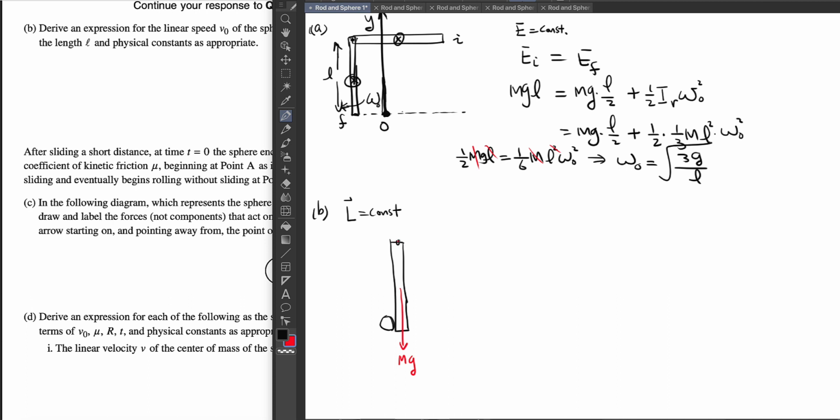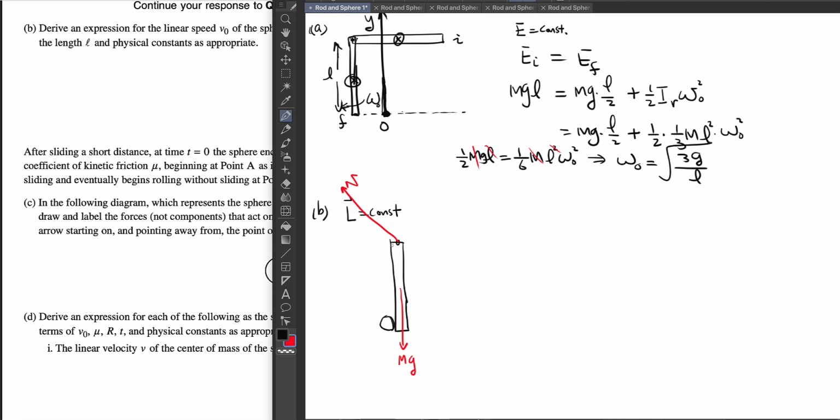One thing to be careful about is that the normal force now is not along this vertical direction. It should be along this direction here. So it has a horizontal component, not just the vertical component.